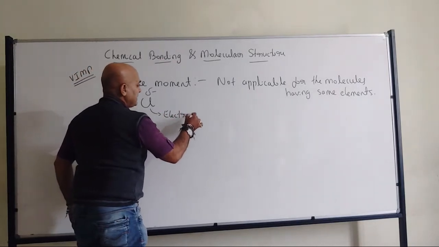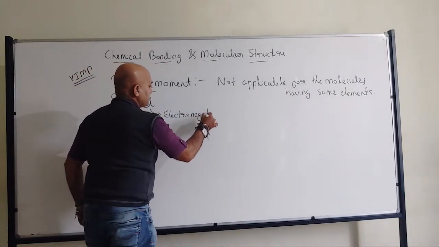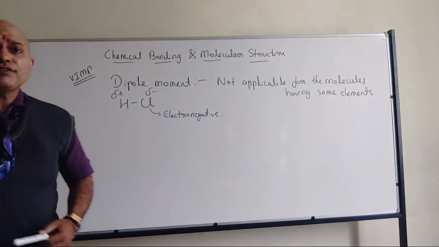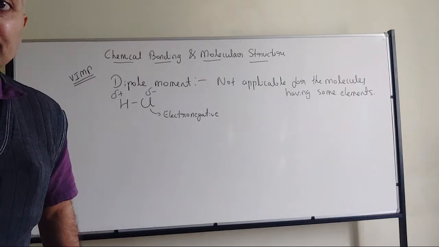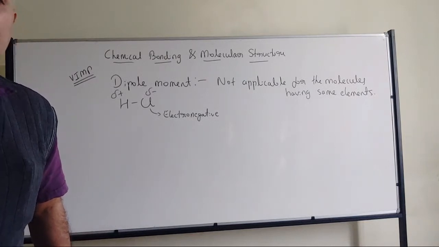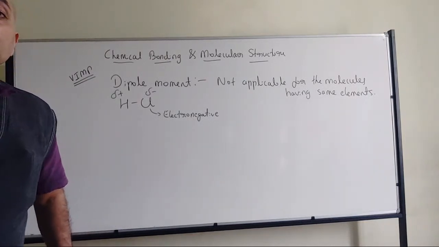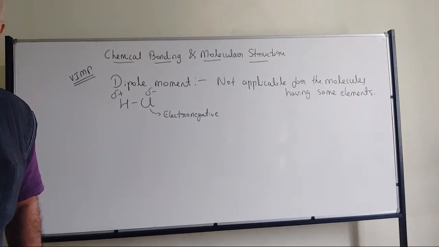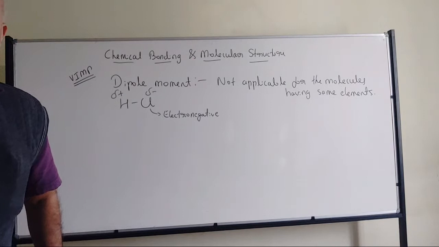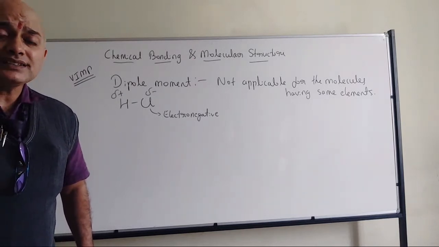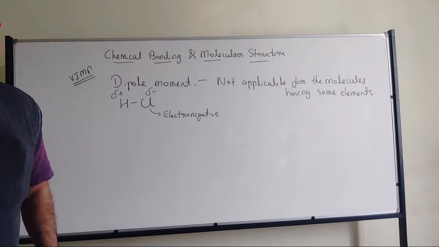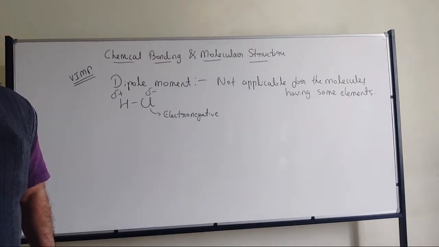Now, what do you mean by electronegativity? Electronegativity means the capacity of an element to attract the electron. Listen to me carefully, we have already discussed this. Electronegativity is the capacity of an element to attract the electron in a covalent bond towards itself.